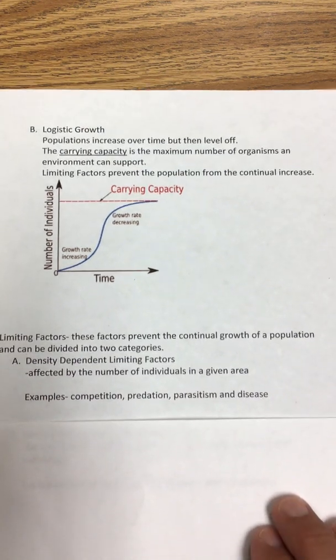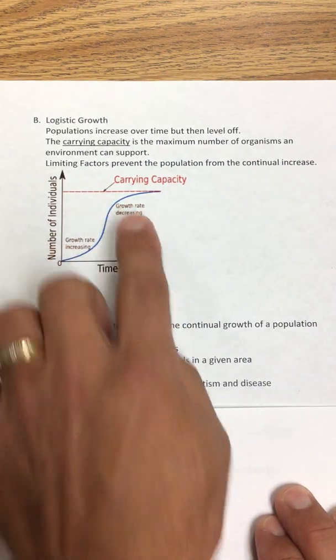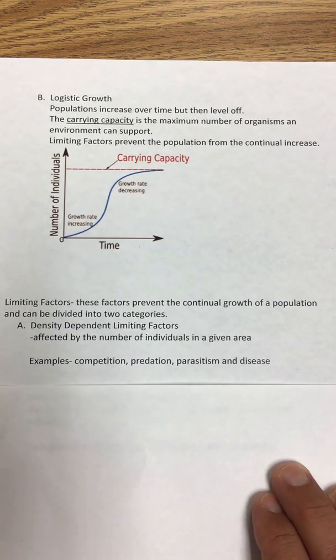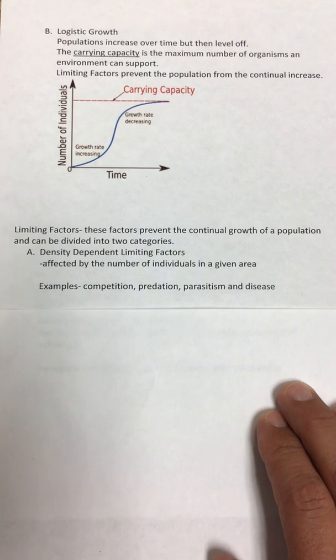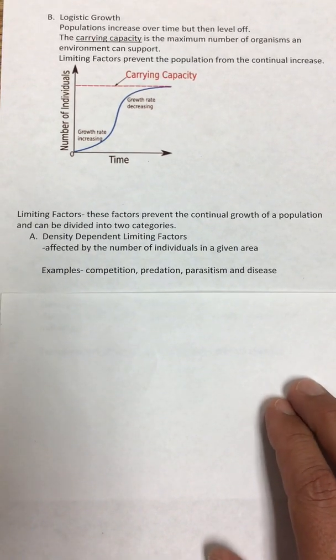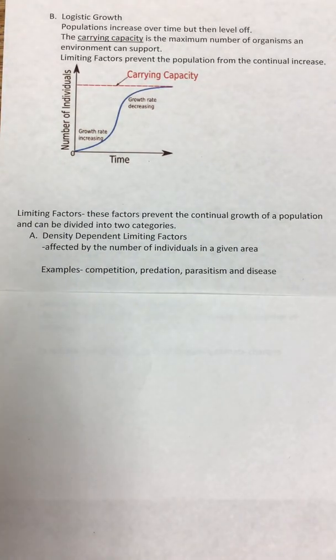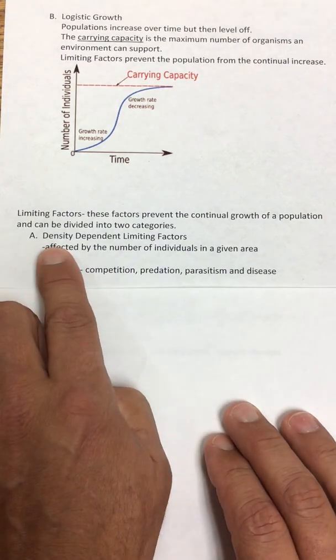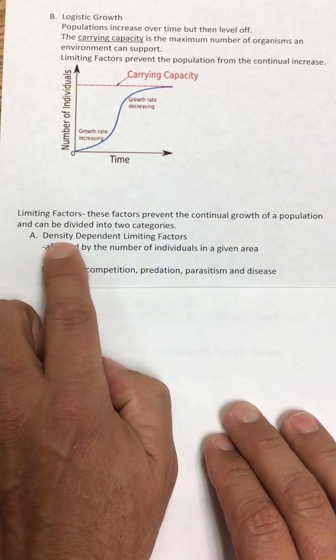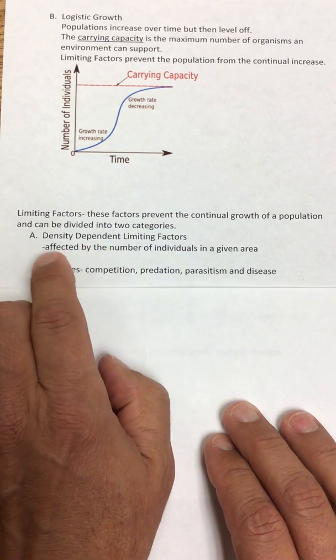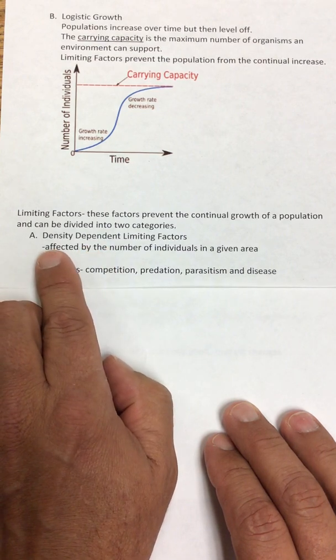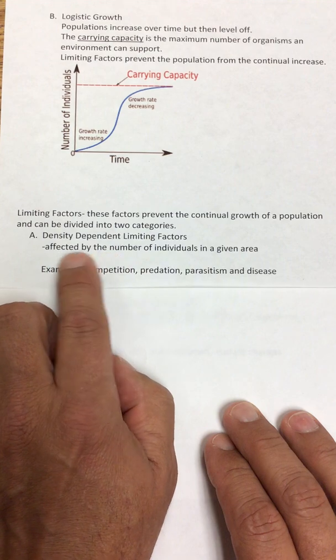Now, there are limiting factors, as we talked about up here, that prevent the population from a continual increase. So when we take a look, there are actually two different types. One is density dependent. So density, as we talked about, is the number of organisms in an area. Dependent means it relies on it. So that means if it's a density dependent factor, it's affected by the number of individuals in a given area.